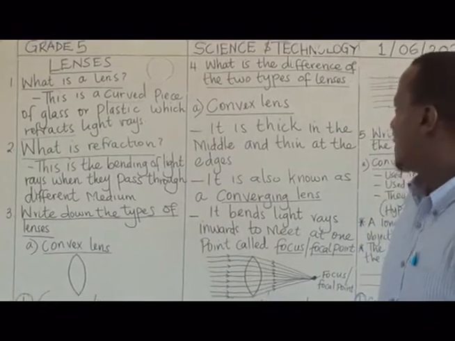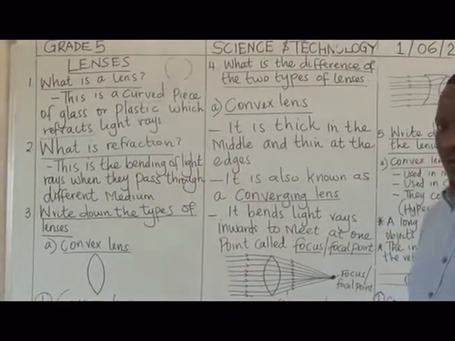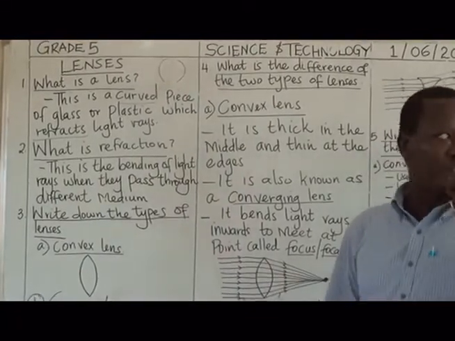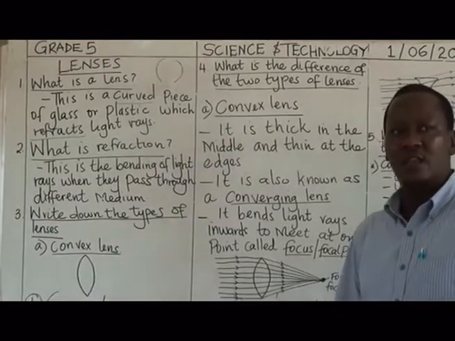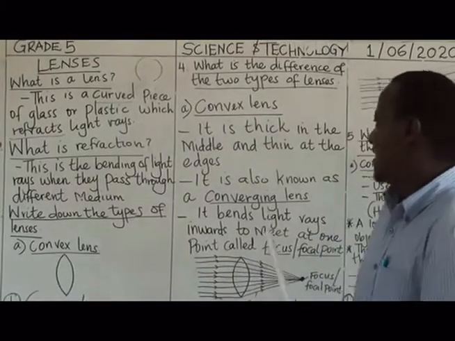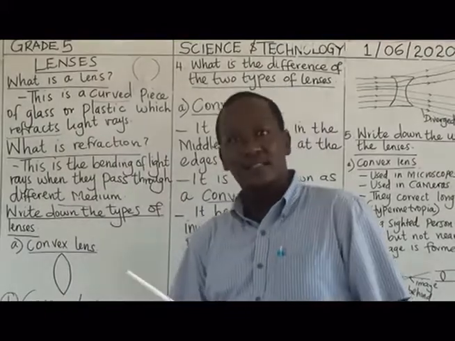Today, a lens is one of the objects that proves that property of light called refraction. In this case, the different medium we are talking about is the lenses.